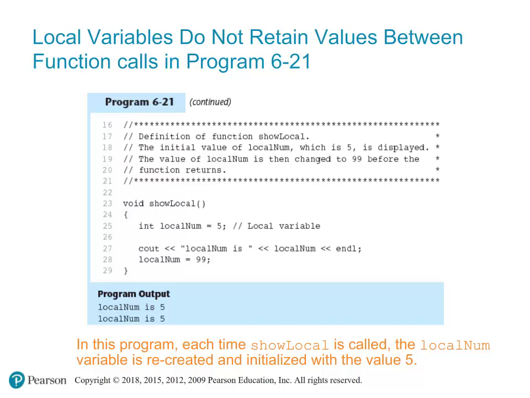The main function calls showLocal twice. Each time showLocal is called, localNum is reinitialized to 5. The value 99 assigned to localNum at the end of the first call is lost when the function terminates.